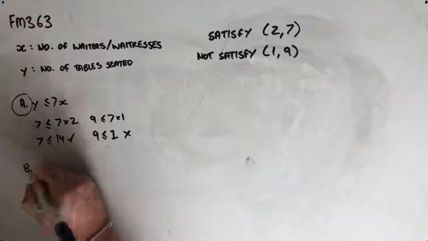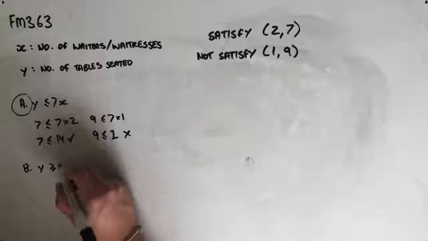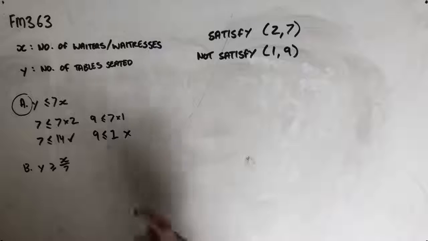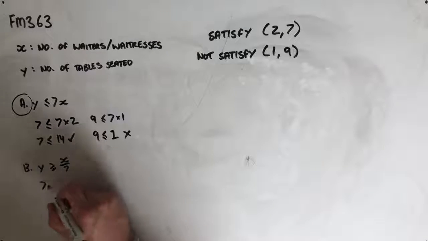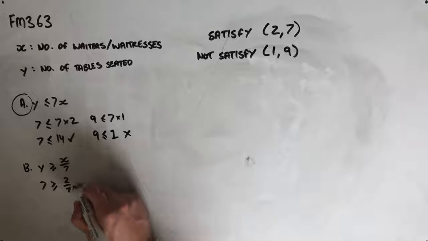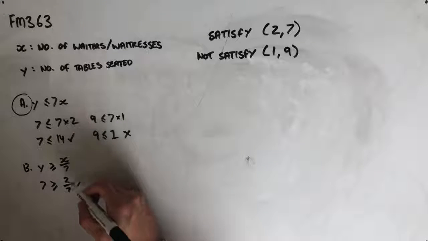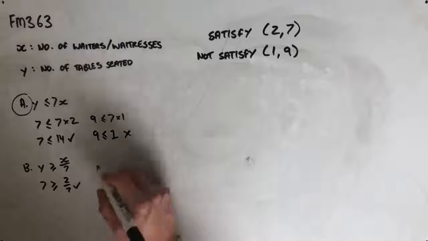So moving down to B, B's inequality is y is greater than or equal to x over 7. So substituting our conditions that should satisfy this, 7 is greater than or equal to 2 over 7. That's going to be true, because this isn't even 1, and 7 is definitely greater than 1.